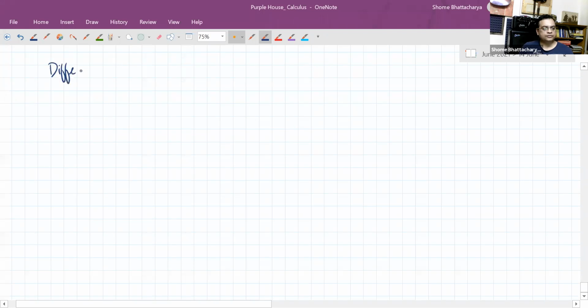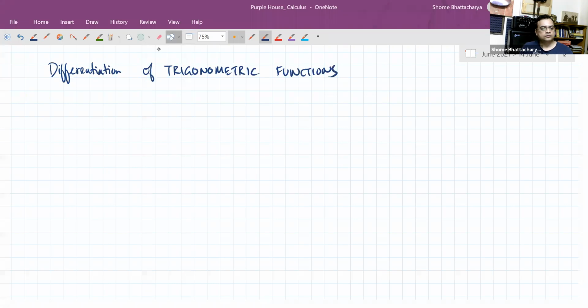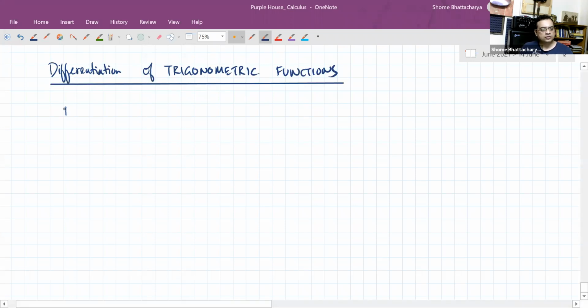Differentiation or derivative of trigonometric functions. Let's see basic examples of trigonometric functions. y is equal to sine x.